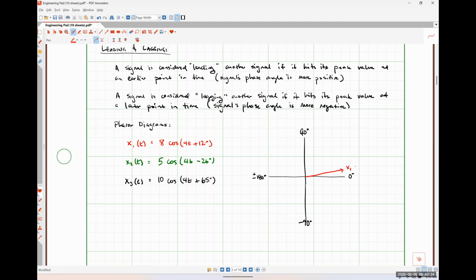So let's just call this X1 of t. X2 has a length of 5 and a phase angle of negative 26, so it might be something like this. And X3 has a length of 10 and an angle of 65, so it might be somewhere up here, like so.